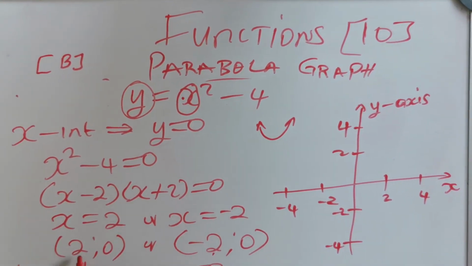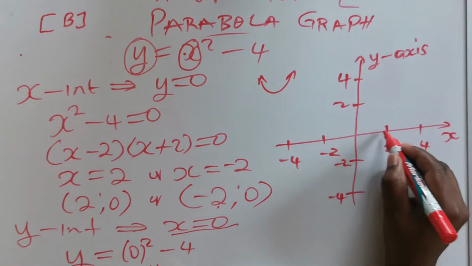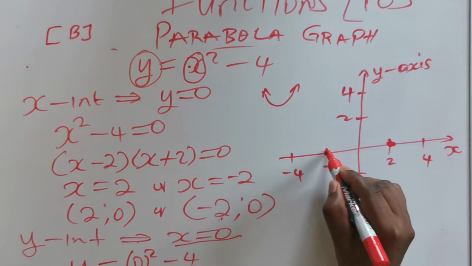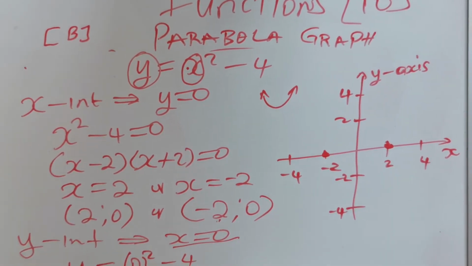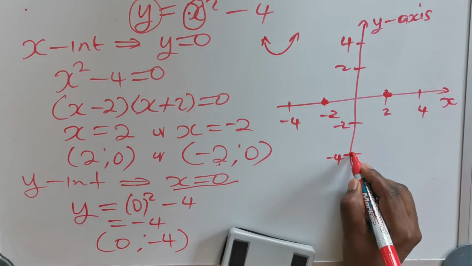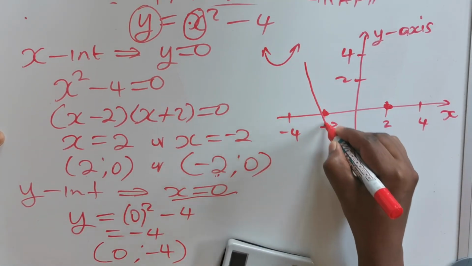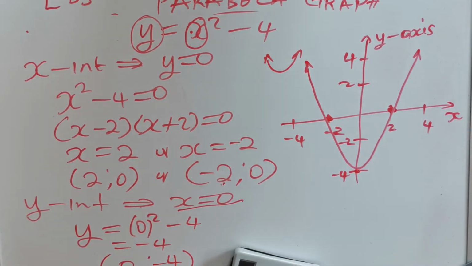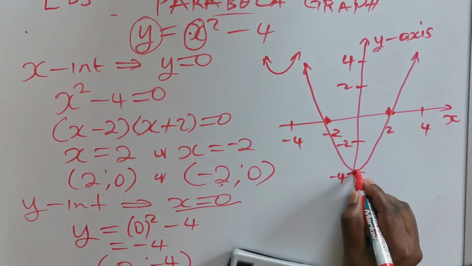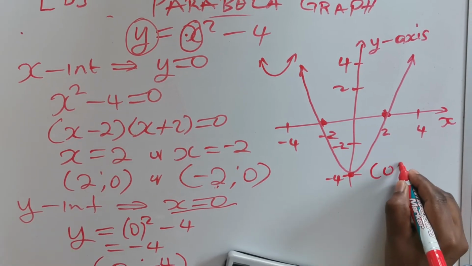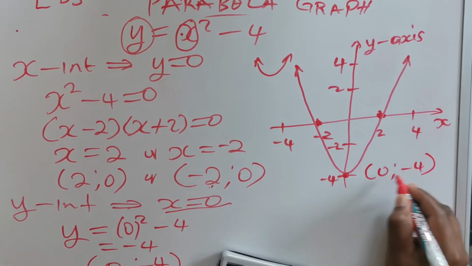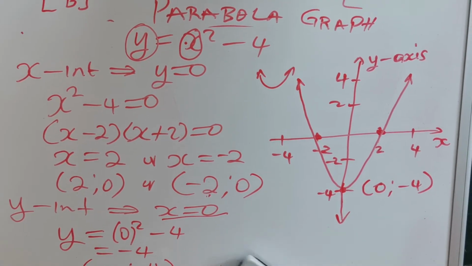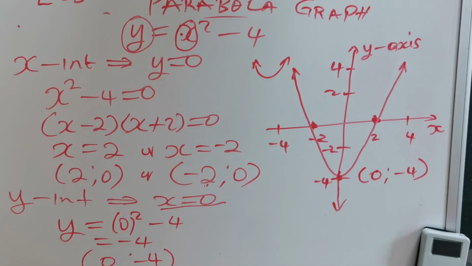Let's check. We have x which is 2 and y is 0. We also have x which is minus 2 and y is 0. And we have 0 and negative 4. So obviously this is a smile face. This is our function. Obviously this is what we call a turning point, which is (0; negative 4). You have to take note of that one. That is how you sketch this graph.